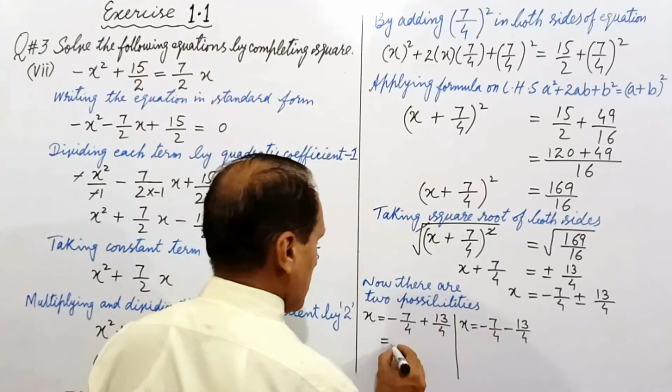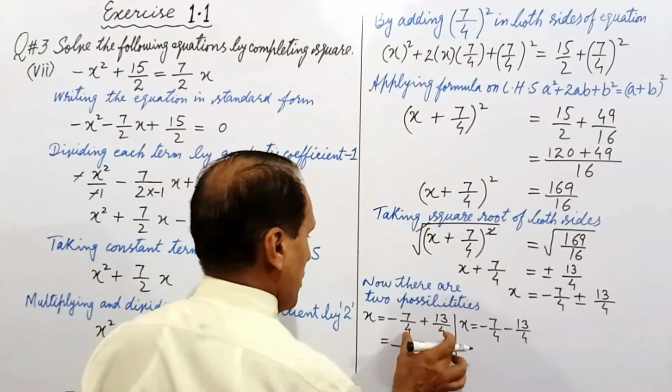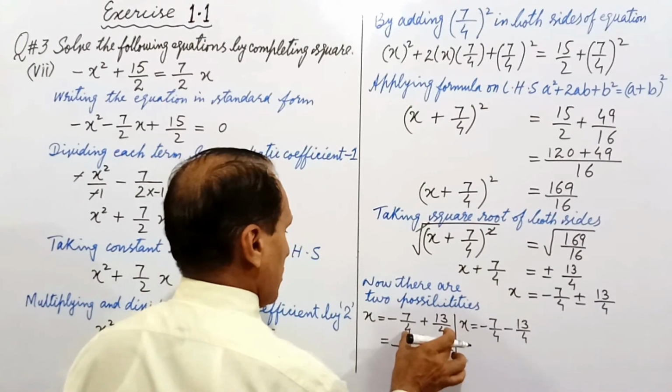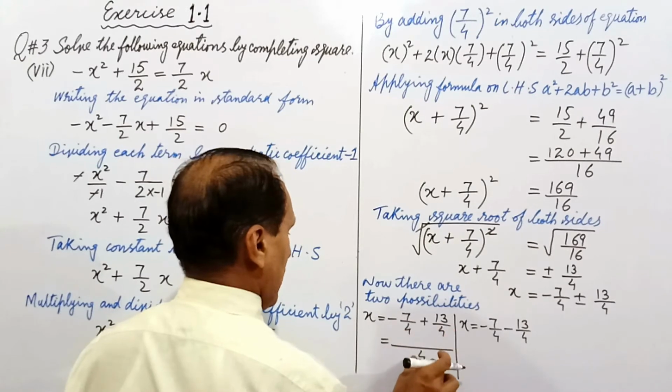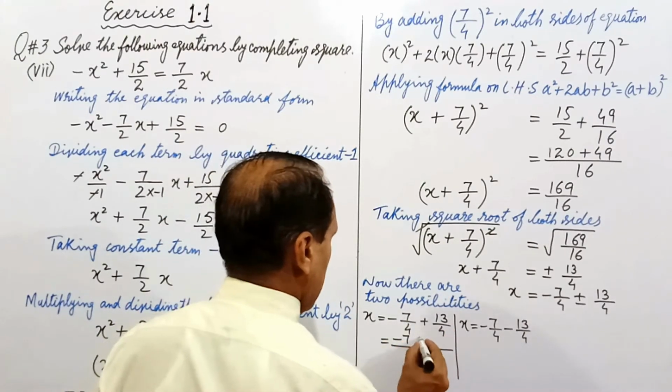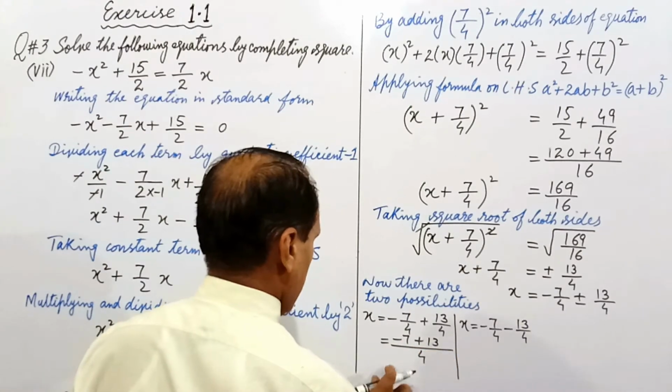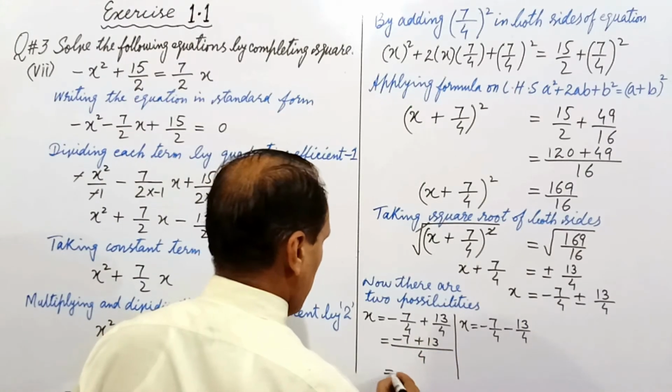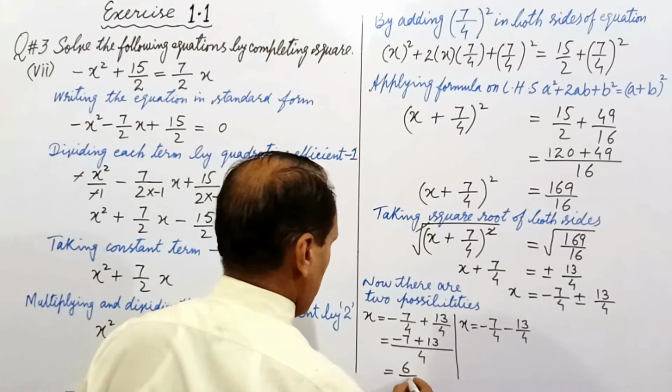By the standard procedure of LCM, as we have common denominators, therefore LCM is 4, and we write the numerator as same as they are, minus 7 plus 13. 13 minus 7 is equal to 6 over 4.